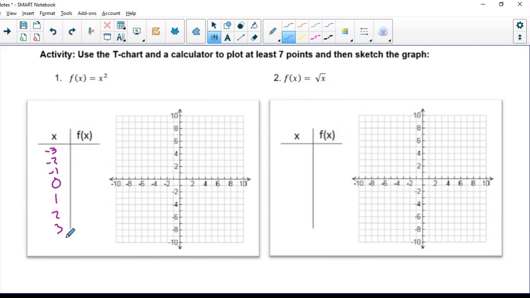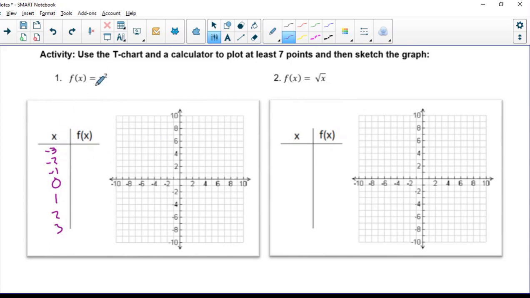Let's do it the hard way first, and then once we get the shape, we can use the shape to be the shortcut. So what I'm doing here is I picked some easy points, 0, 1, 2, 3. You can use whatever x value you want. You'll still get the same answer, but I try to keep things easy.